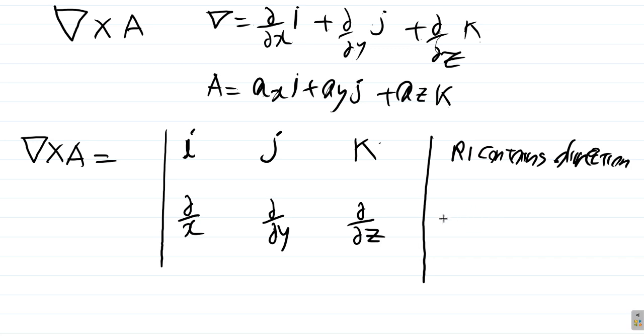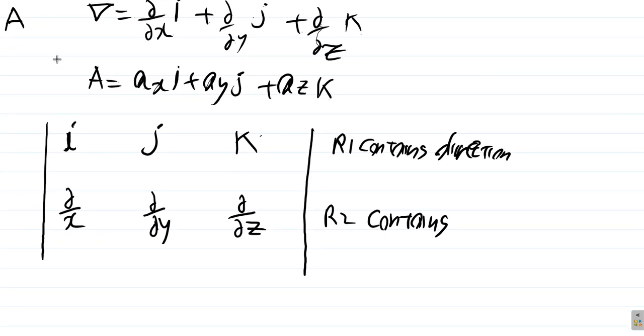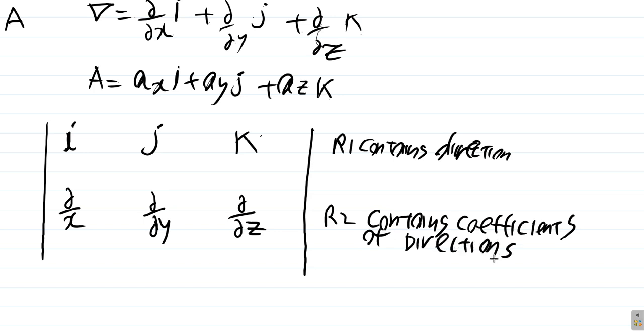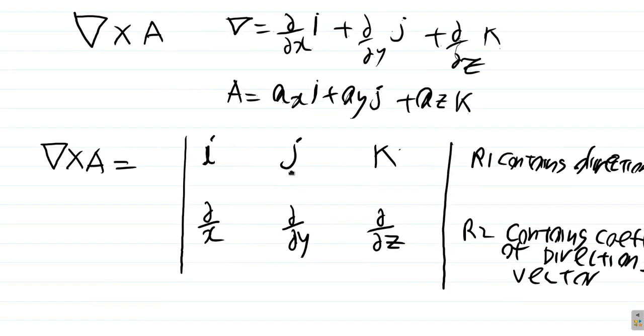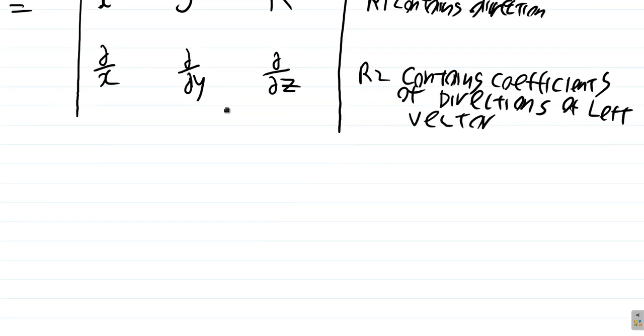So row 2 contains coefficients of the directions of the left vector. The left vector would be the nabla.